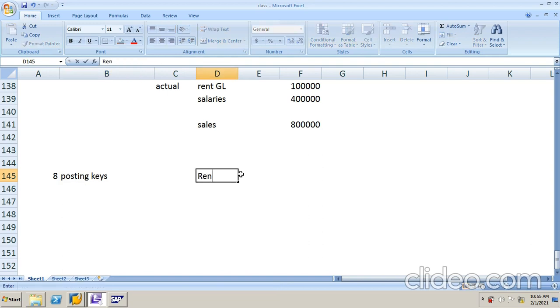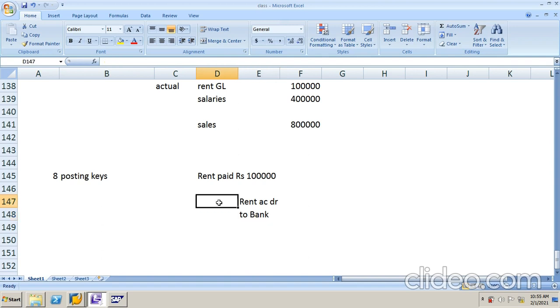We paid rent. This is one of the entries: rent paid rupees 1 lakh. Rent account Dr to bank.